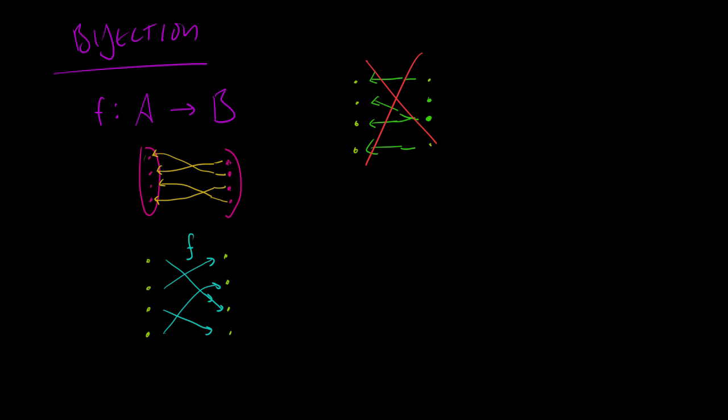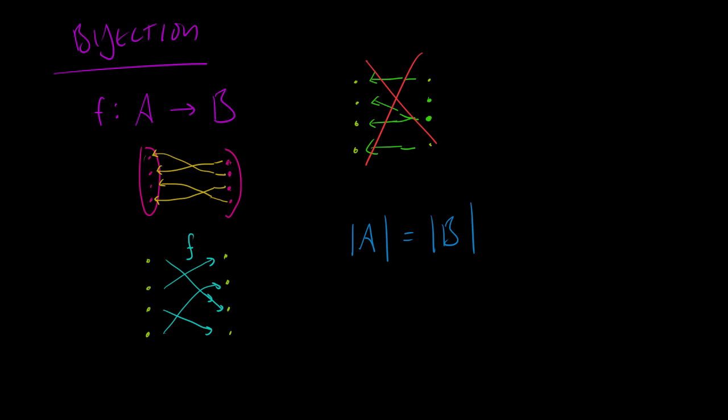And in this case, the size of your elements on the left is equal to the size of your elements on the right, if your set is finite. This doesn't apply if your set is infinite. But if your set is a finite set and you have a bijection between your two sets, then the two sets have to be the same size.